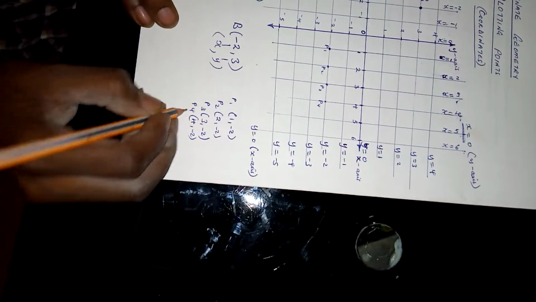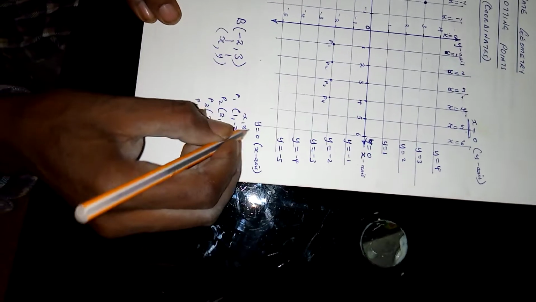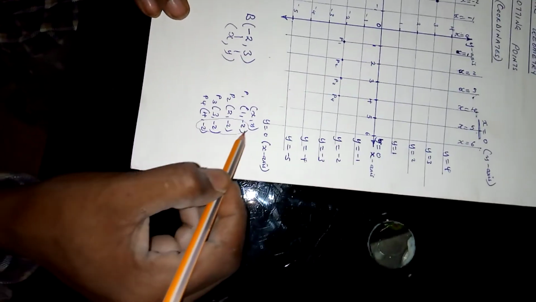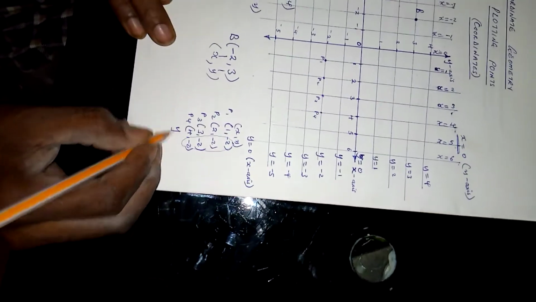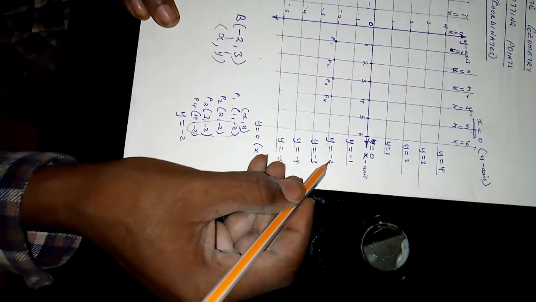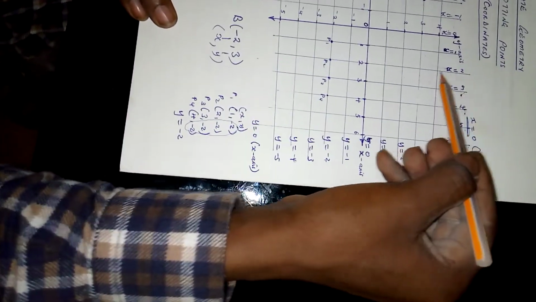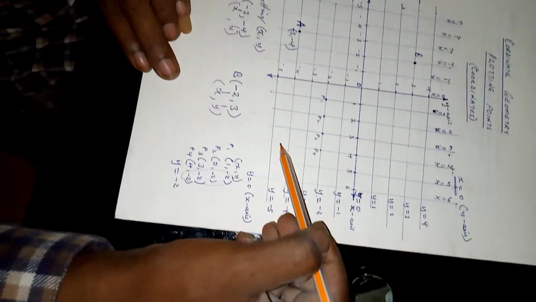Try to check what is happening. This is x, y. Your y has maintained -2. And that's why this line is y is equal to -2. You can also try for x's. You prove if x is equal to 2 or x is equal to 3.